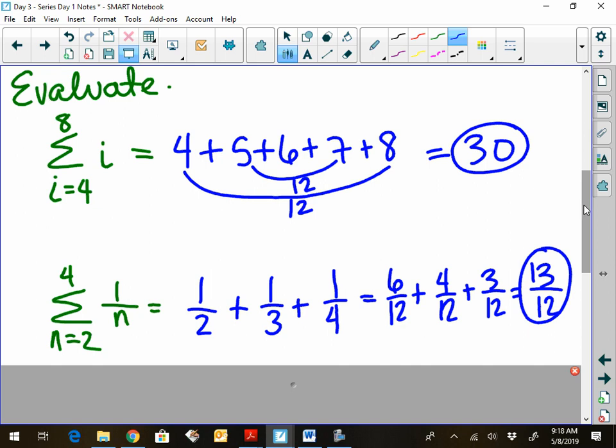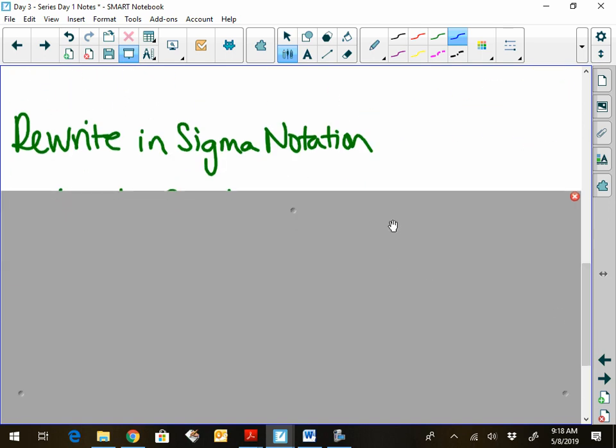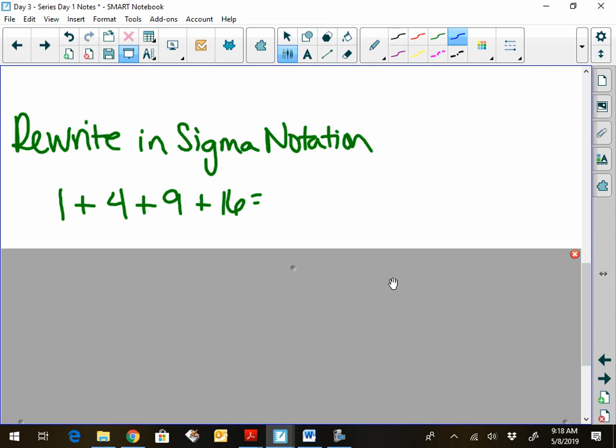Good. The next idea is writing it in sigma notation. Rewrite in sigma notation. So here is a series. We can say this is the sum, and I would just start with n equal to 1. I would always start that, that's my first term, and then I have 4 terms, right? So a sub 1, a sub 2, a sub 3, a sub 4, so I'm going to 4. And then, what's the formula that's being used to go from one term to the next? Now, we're looking to see, is this arithmetic, is this geometric, is it neither?